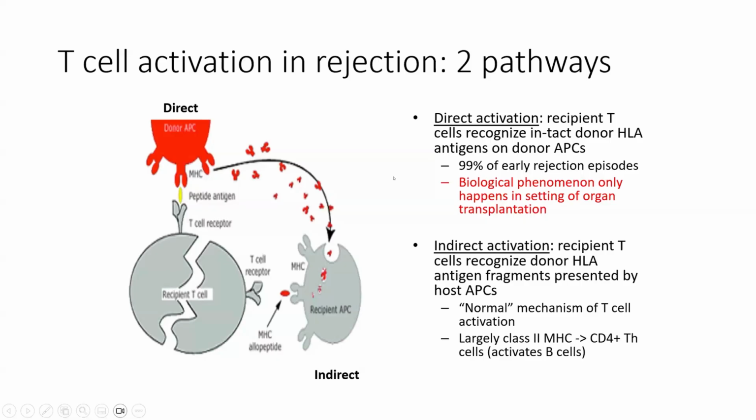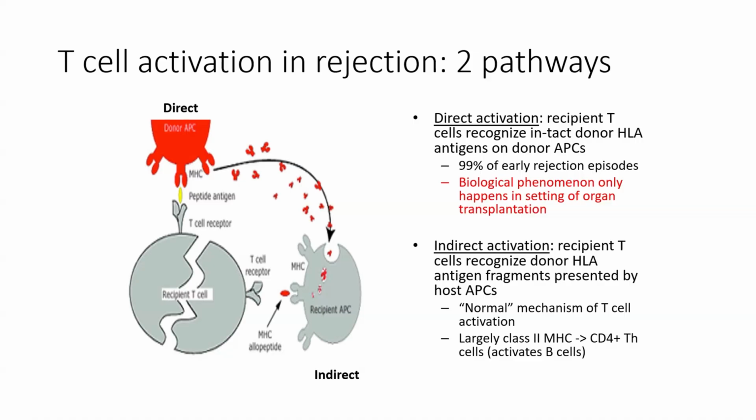That is where the donor antigen presenting cells, meaning the antigen presenting cells in the transplanted kidney that came from that donor, are expressing HLA antigens, and your T cells are recognizing and attacking the donor kidney. That is early rejection or early antibody-mediated rejection. And that really only can happen in the setting of transplant.